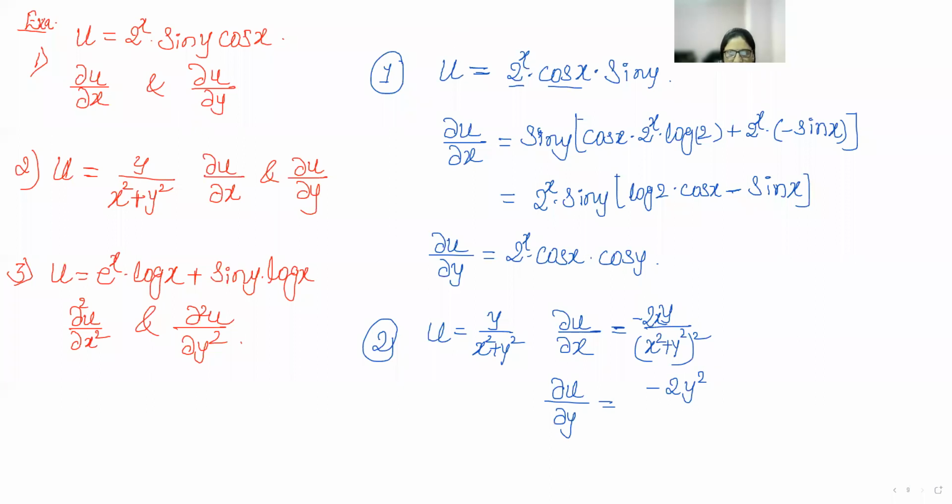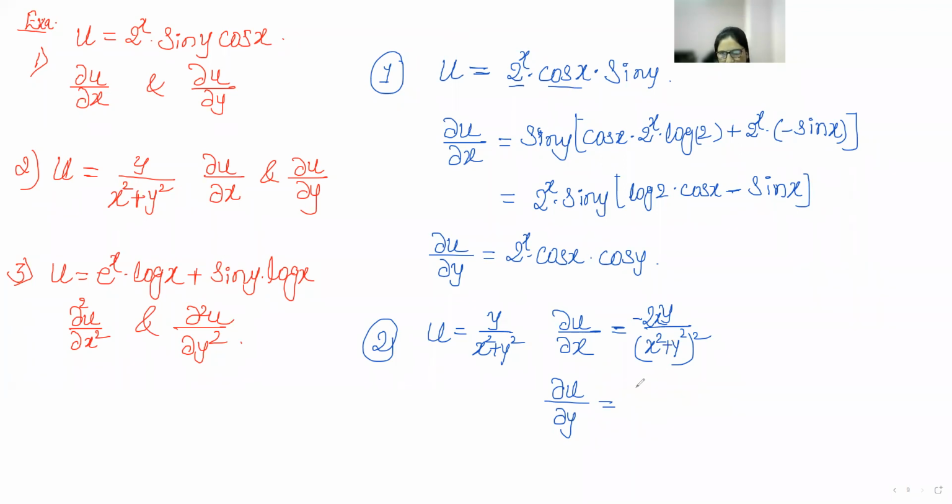2y. Here we have to apply the u by v rule. Look at this. We are finding with respect to y. So y into, here we take u by v rule. V constant, derivative of u.